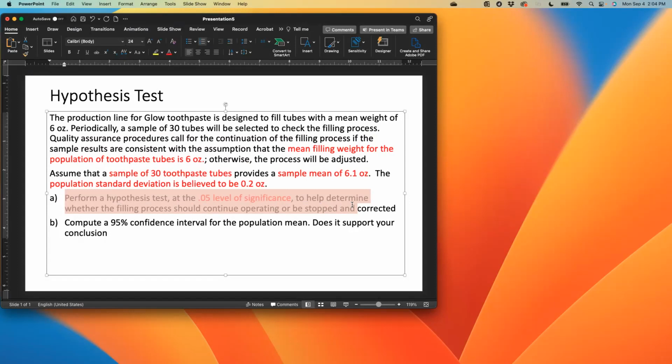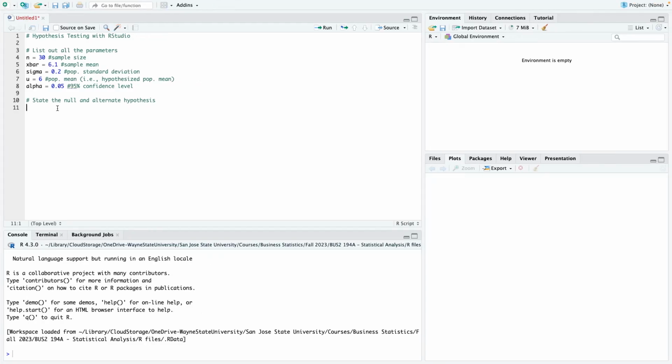We're looking at something that must be equal to 6 ounces or not equal to 6 ounces, right? Especially when you look at this part, it lets us know that the population of toothpaste is 6 ounces. And then here, to help determine whether the filling process should continue operating or be stopped and corrected. So that gives us a sense of what our null and alternate hypothesis will be like.